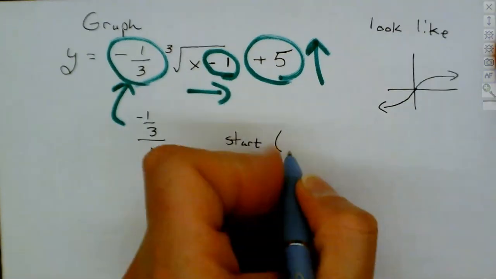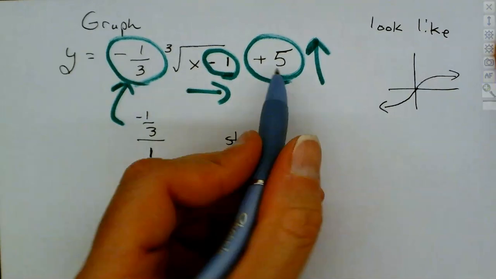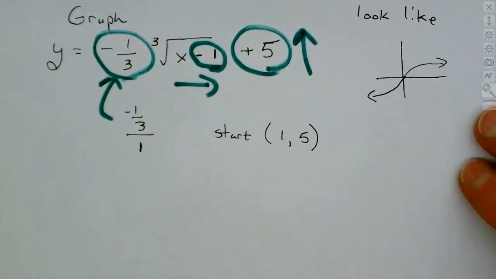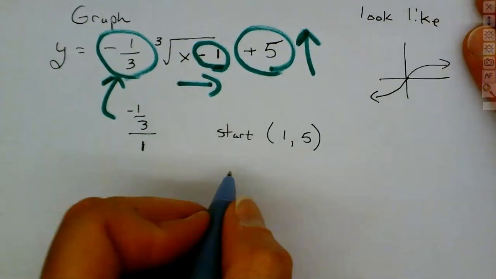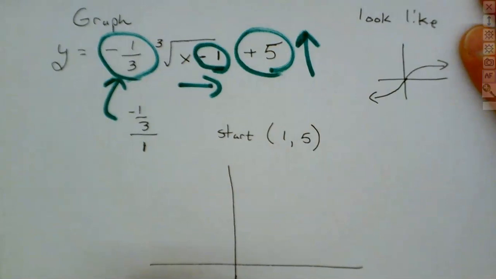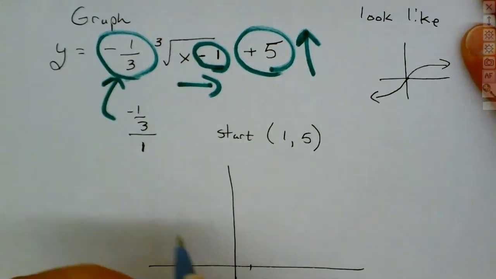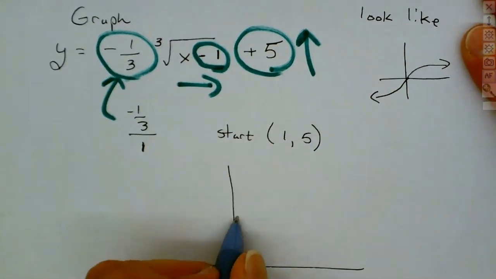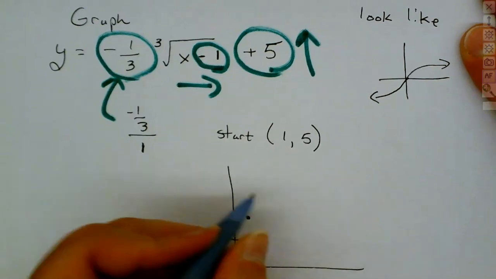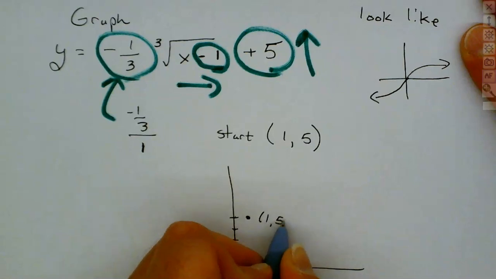Forward 1, switch our sign, so that's going to be at 1 and 5. So we're going to begin our graph at 1, 5. Okay, so we're going to start here at about 1, 5.